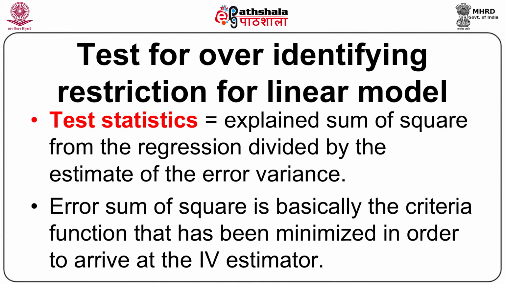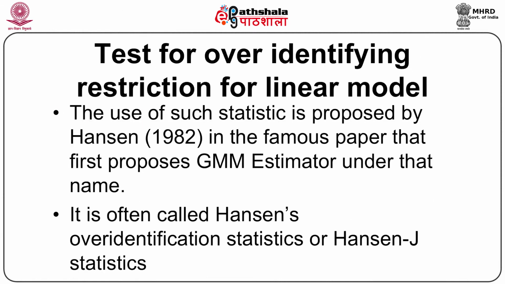Now, the test statistic for this is basically the explained sum of squares from the regression divided by the estimate of the error variance. The error sum of squares is basically the criterion function that has been minimized in order to arrive at the instrumental variable estimator. The use of such a statistic was proposed by Hansen in 1982 in the famous paper that first proposed the GMM estimator under that name.